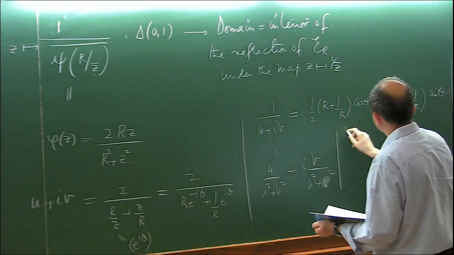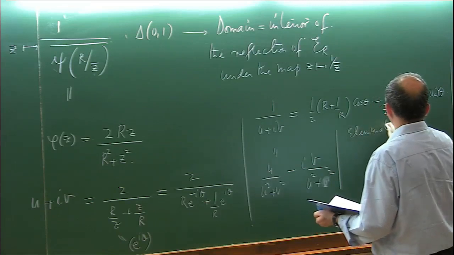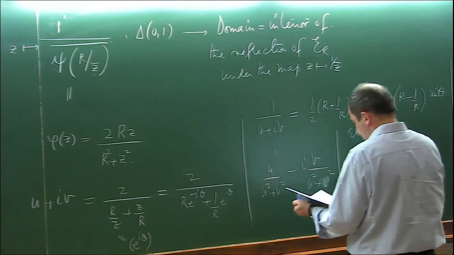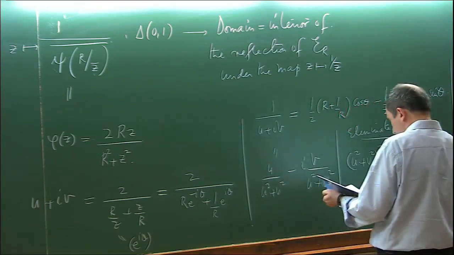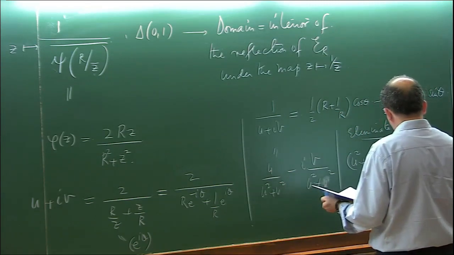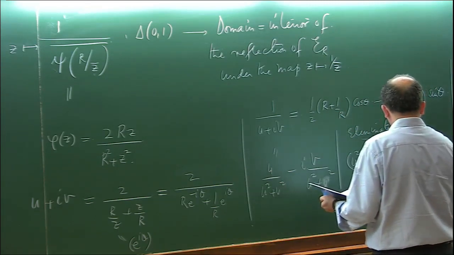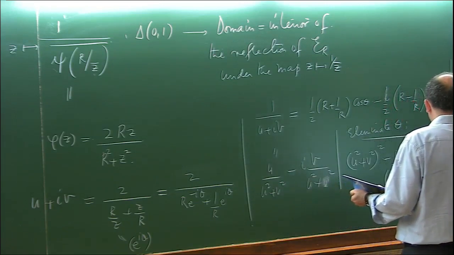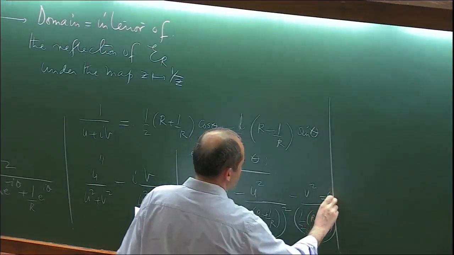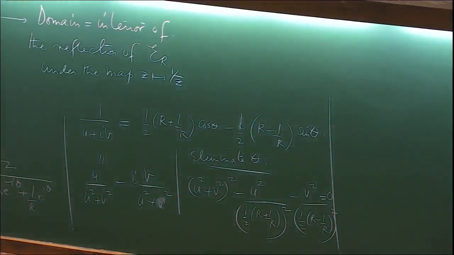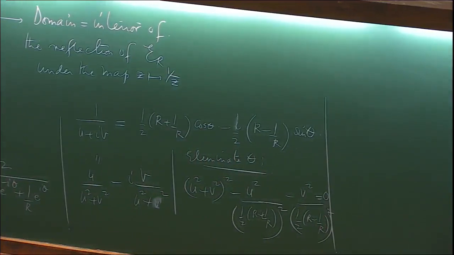So eliminate theta to get u squared plus v squared squared minus u squared by 1/2 r plus 1 by r squared, minus v squared divided by half r minus 1 by r squared, equal to 0. So this is the inversion of the ellipse. It's a degree 4 polynomial, degree 4 curve.